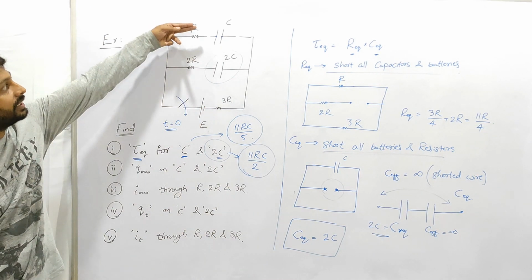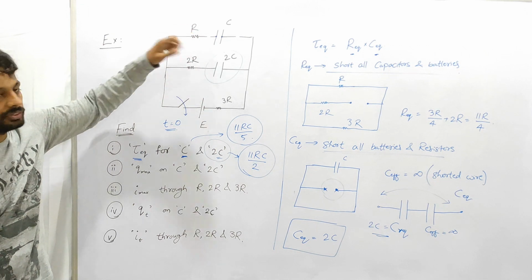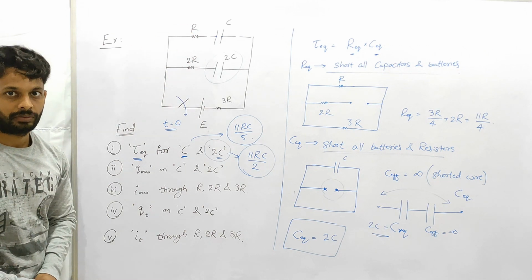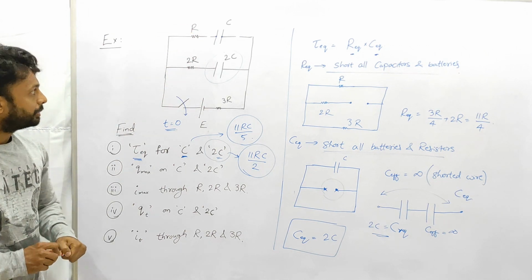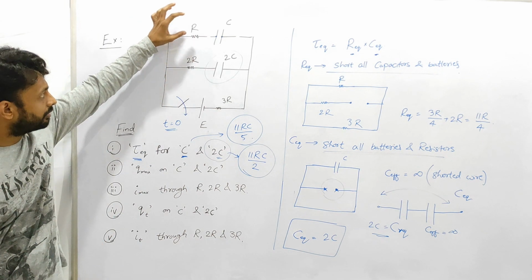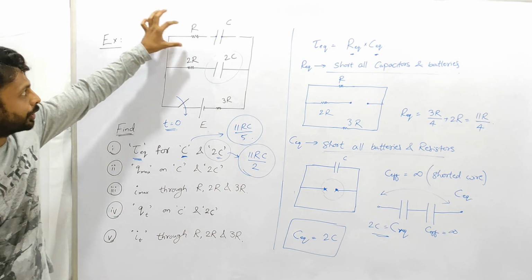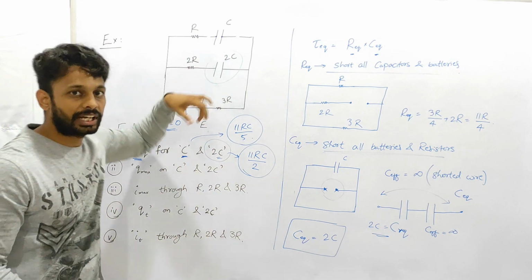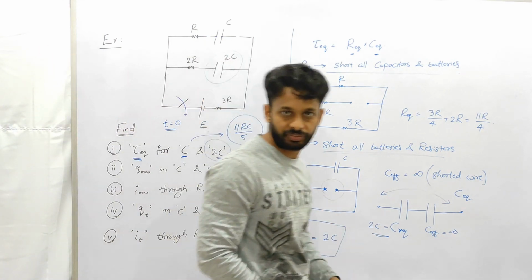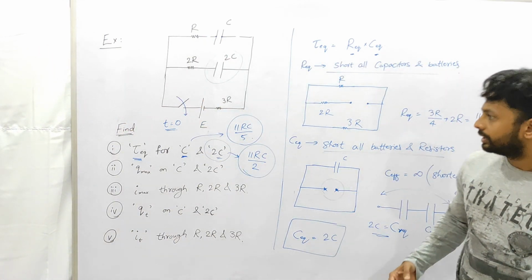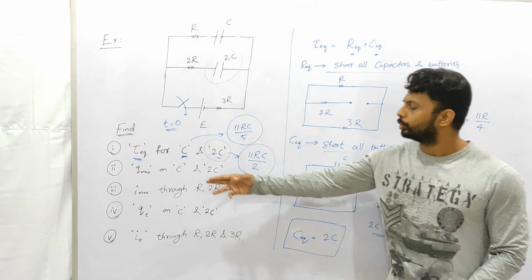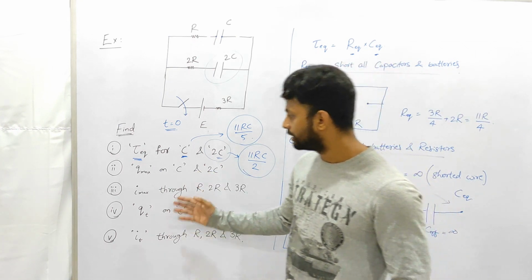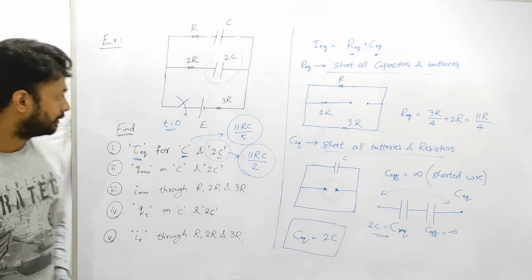Alright, you are getting different time constants for different capacitors here. That means the exponent for C and 2C is also different. So now after this we can move on to Q max and I max, and then we can find them in detail.